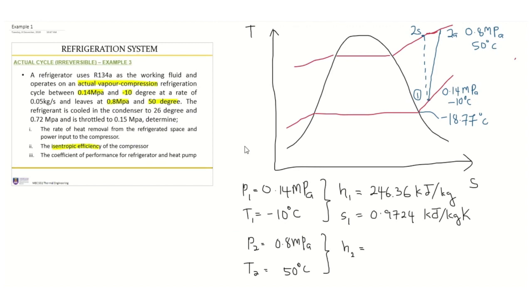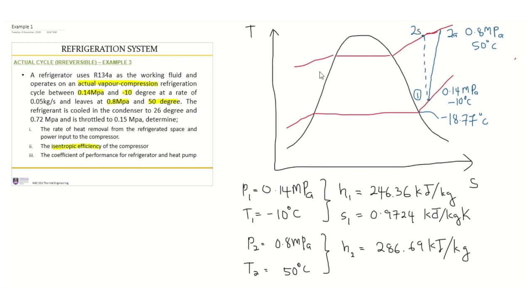So H2 is 286.69. Done. Okay, that is for state number 2. Later we're going to discuss what state 2S is.